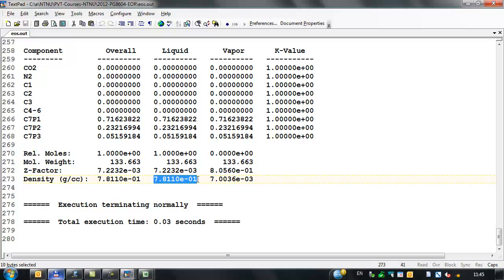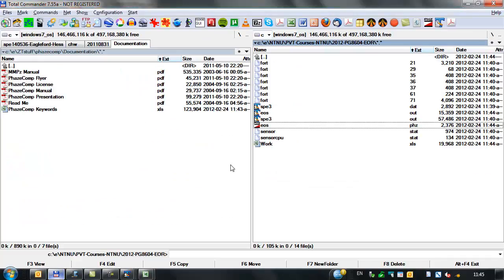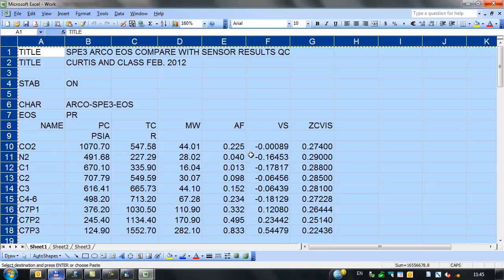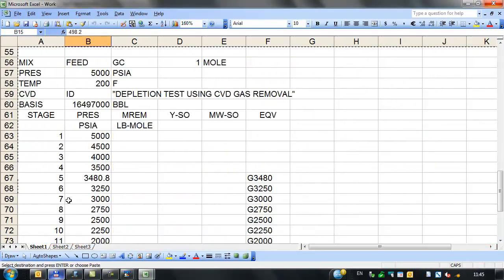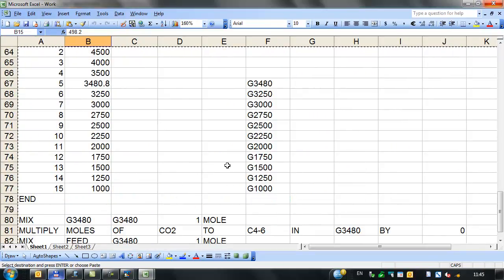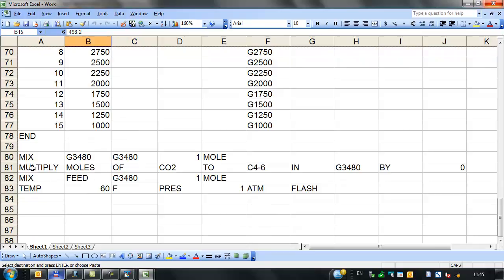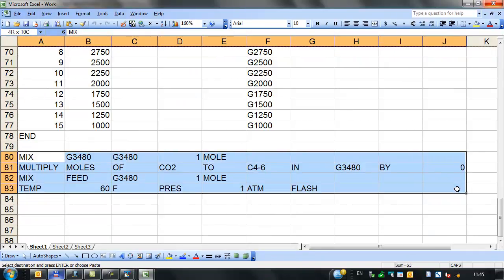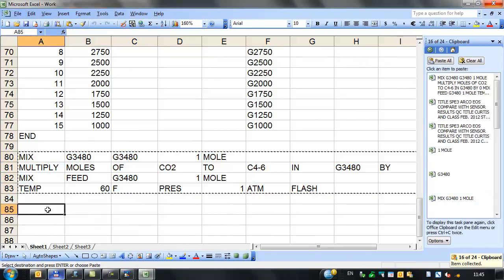Okay, and then whether that changes much as you deplete this gas condensate, the only way to find that out is to redo this same thing for a number of these other mixtures.